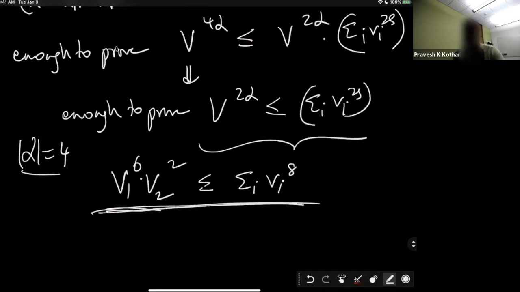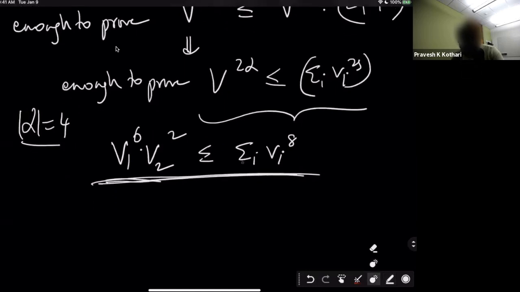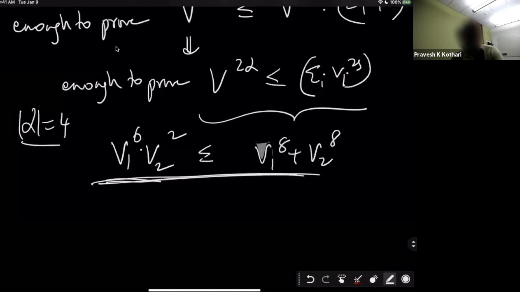That's all I'm going to do. In fact, I'll just prove that this is at most v1 to the 8 plus v2 to the 8, which is of course enough. And so why is this true? Well, now that I've told you, can someone tell me the AM-GM based proof of this?